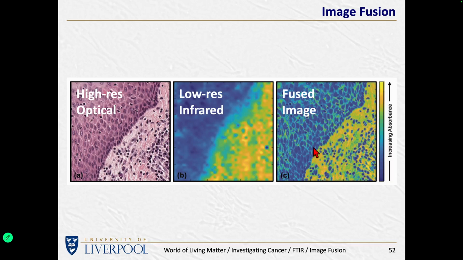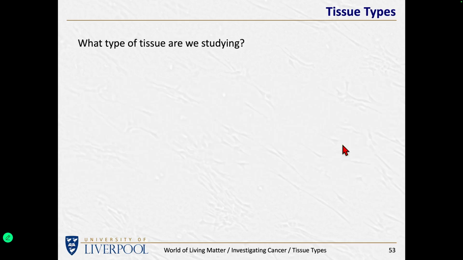Those two images could be fused together, not surprisingly called image fusion, such that we can maintain the high resolution of the optical image as well as the chemical information telling us what is going on with the biology in these various parts of the sample.